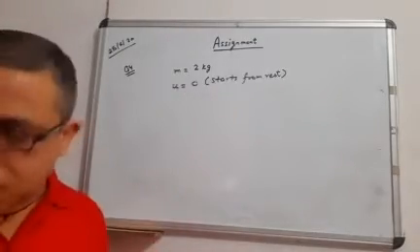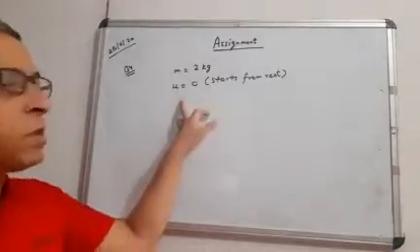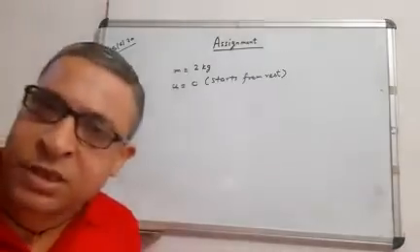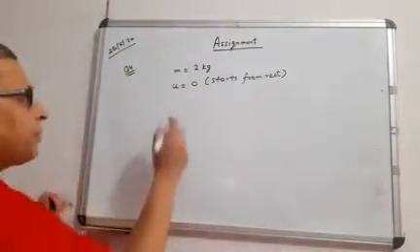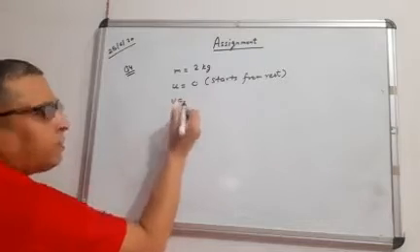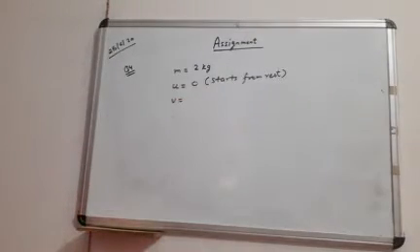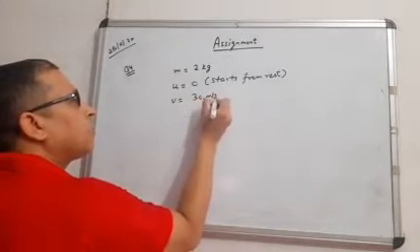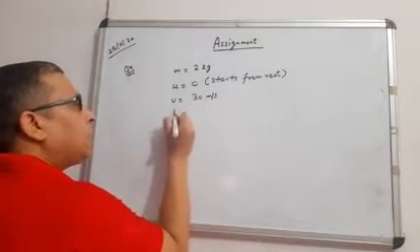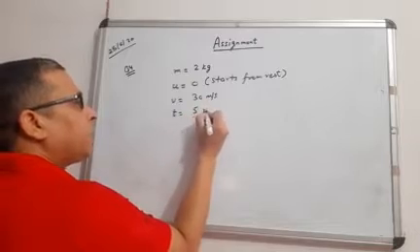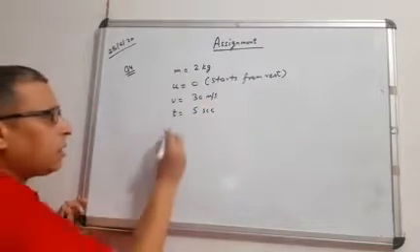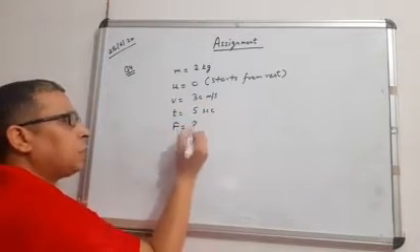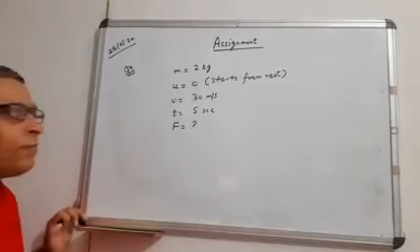If an object starts from rest, its initial velocity is 0. If an object comes to rest, its final velocity is 0. Then v given 30 meter per second and t given 5 seconds. Again I have to find force here. The same thing I have.